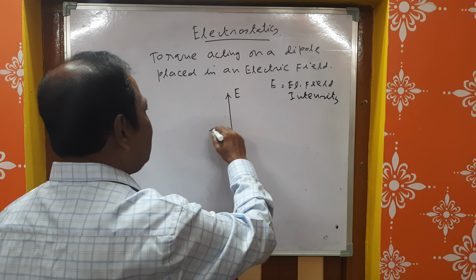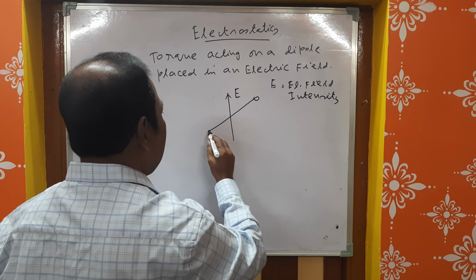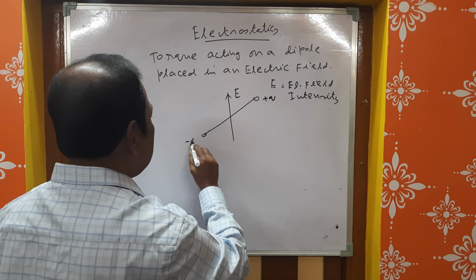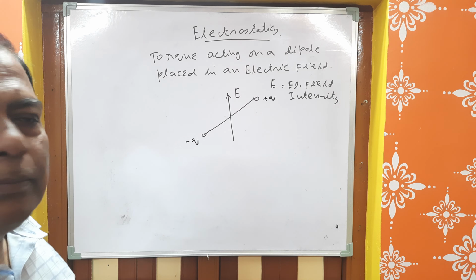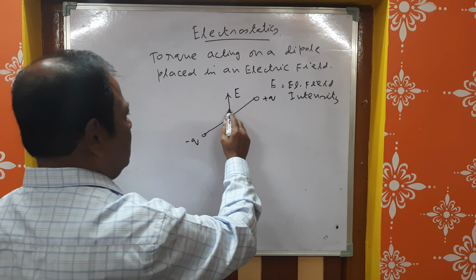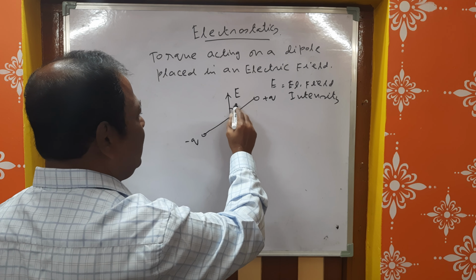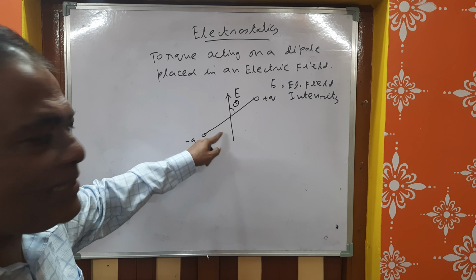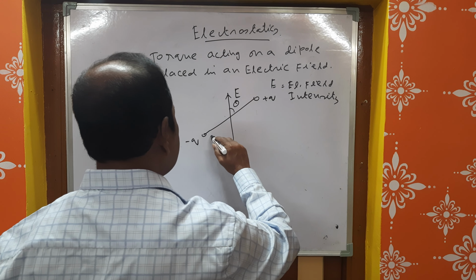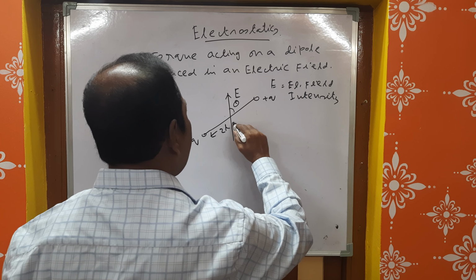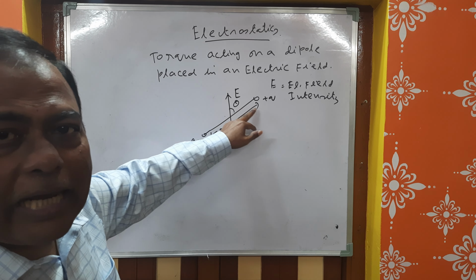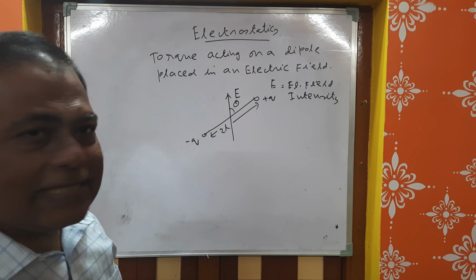This is a dipole, with this charge plus Q and this charge minus Q. Let the angle between the electric field and the dipole axis be theta. And I choose the length of the dipole as 2l.